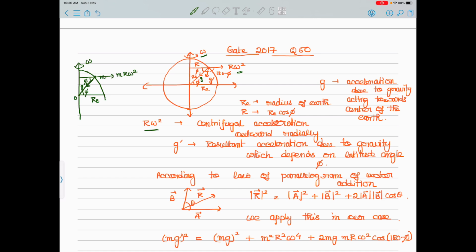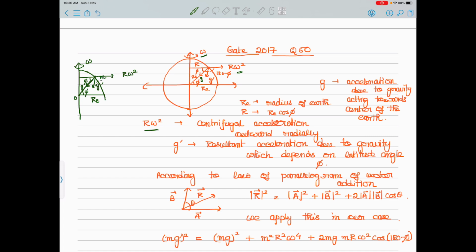Its resultant becomes some g dash, the resultant acceleration due to gravity. So this will be the r omega square, and this is g dash and g.